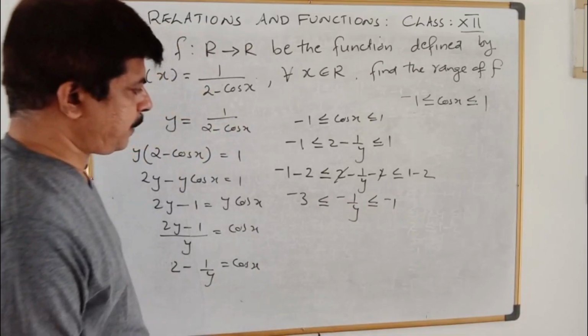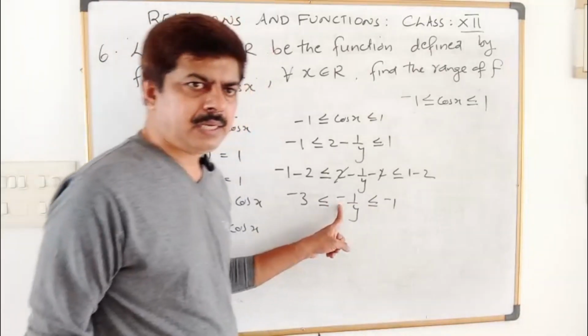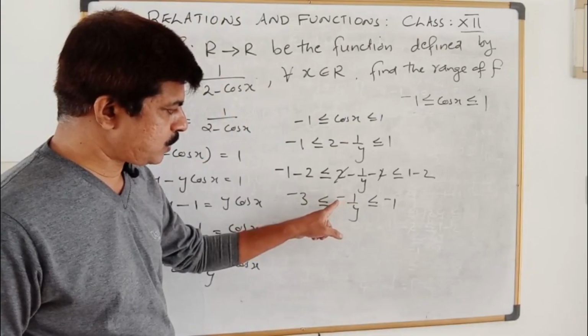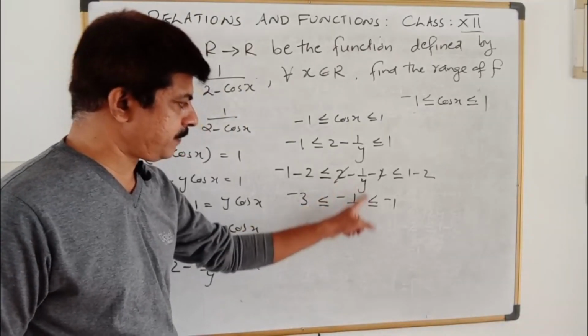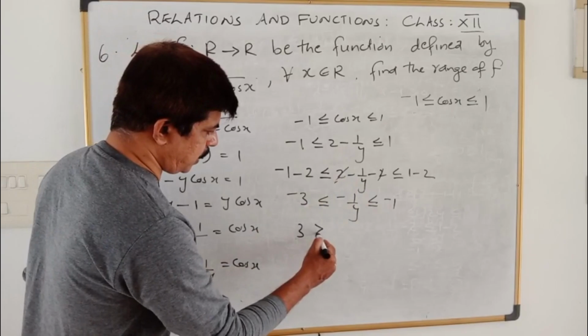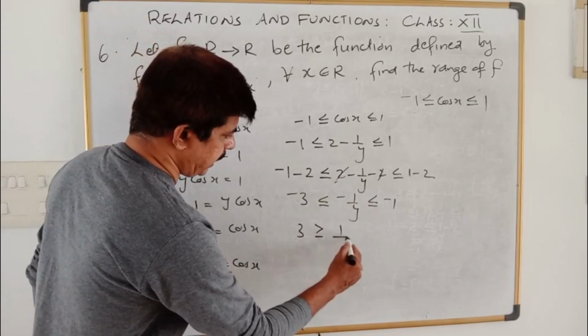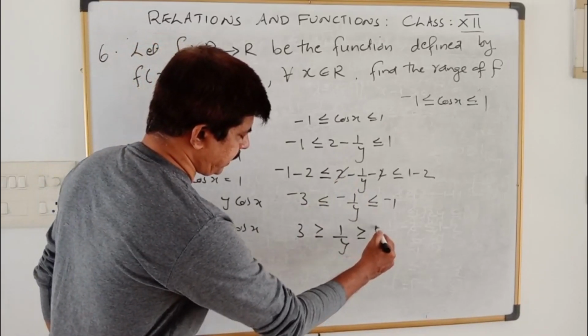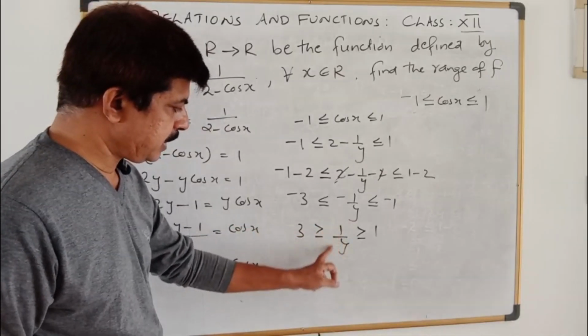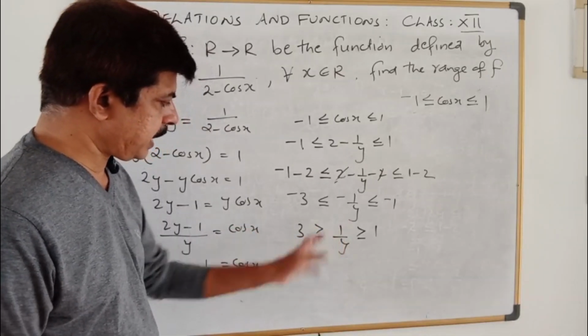Okay, now what will happen? There is a minus sign in the middle. We are going to find out only y. So for each term we should change the sign to make it positive, so definitely the inequality will change. The inequality becomes greater; all negatives become positive. Now we still need further simplification. This 1 by y, take the reciprocal.